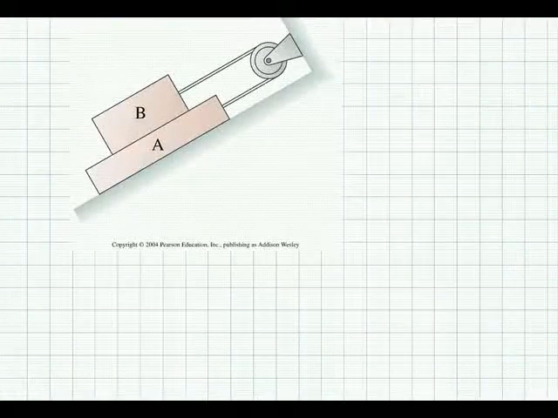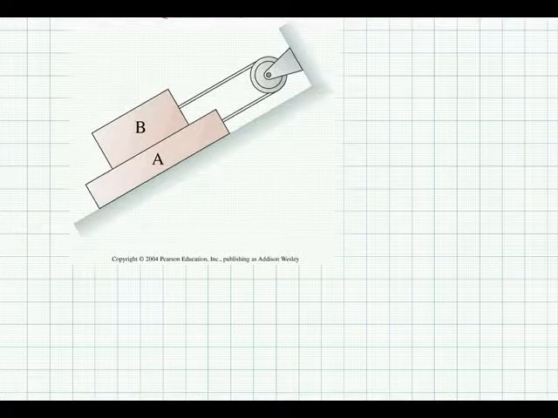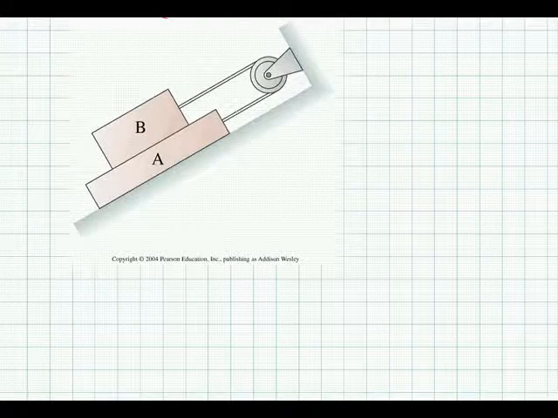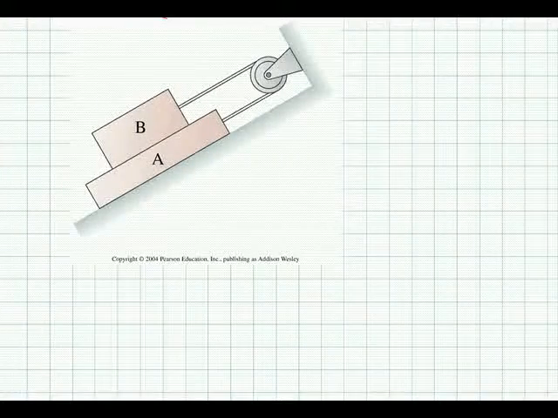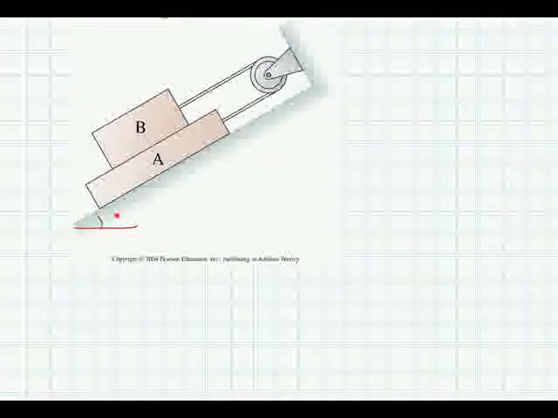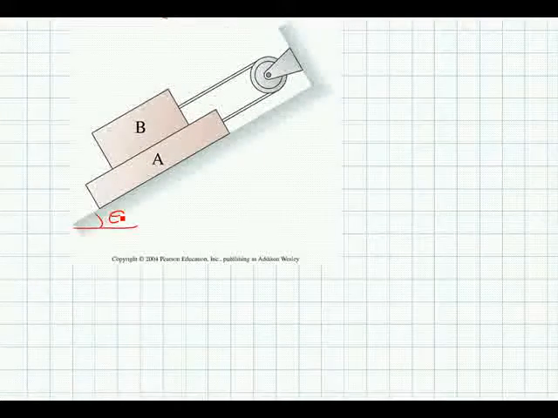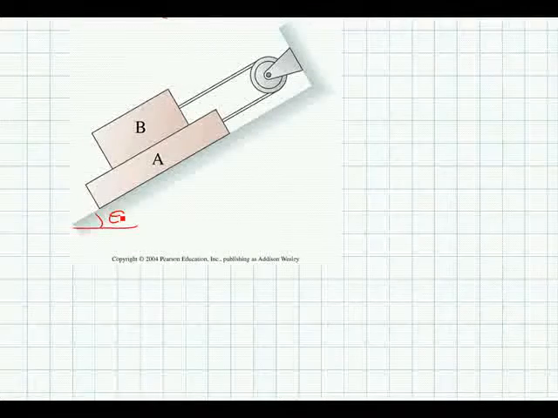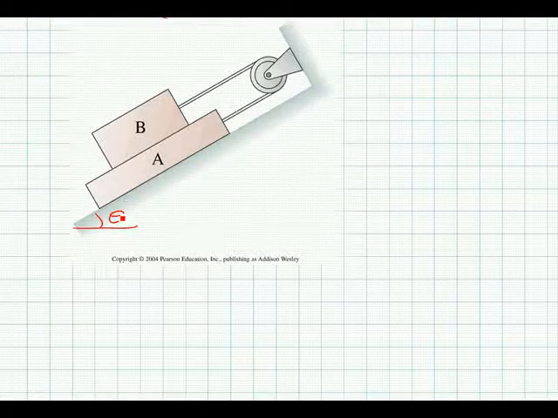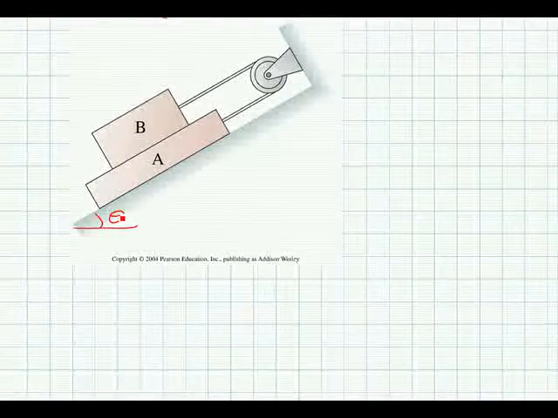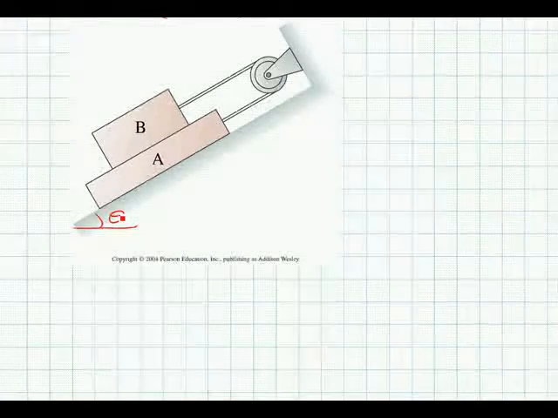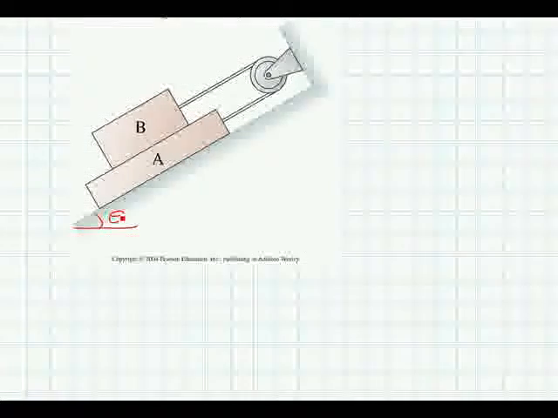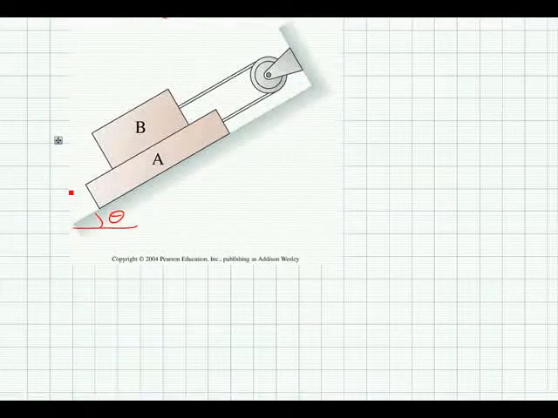Now here's another example. How do we go about setting this problem? Let's say the two blocks, as we can see, are on an incline, and we have friction between block A and the surface, and also between blocks A and B. Let us say that if there were no friction, block A would slide down and block B would slide up.